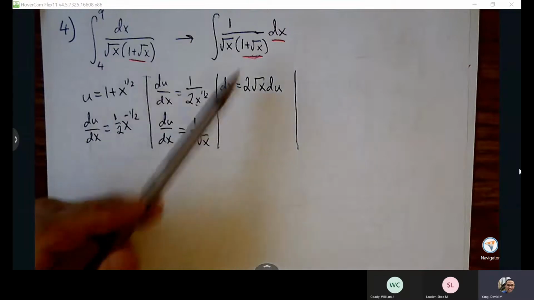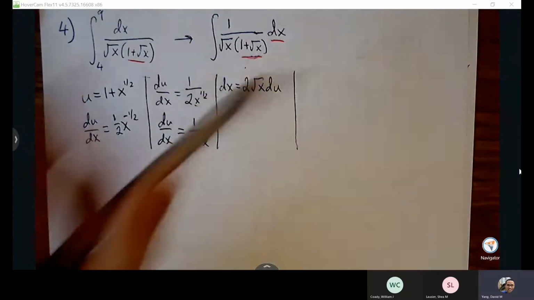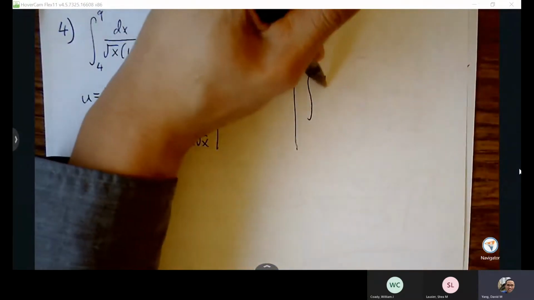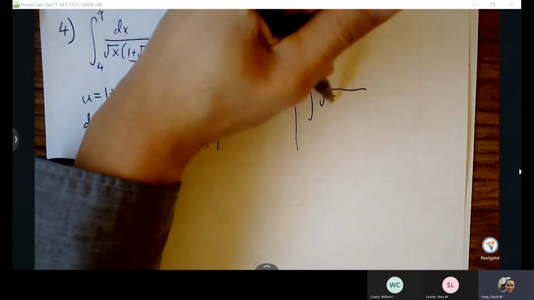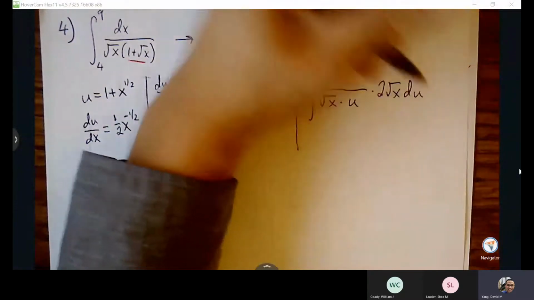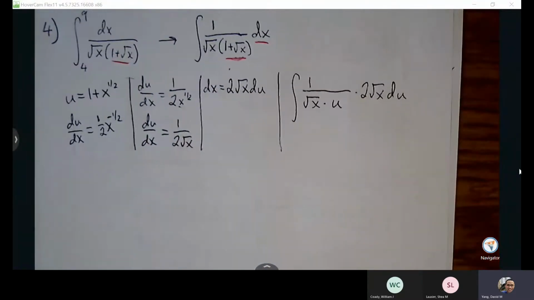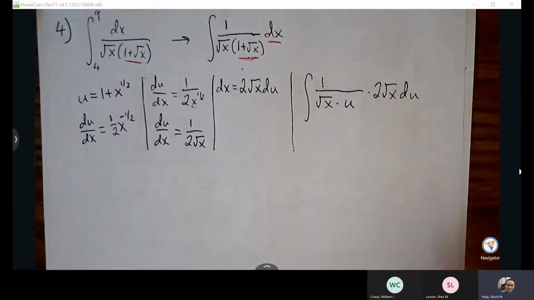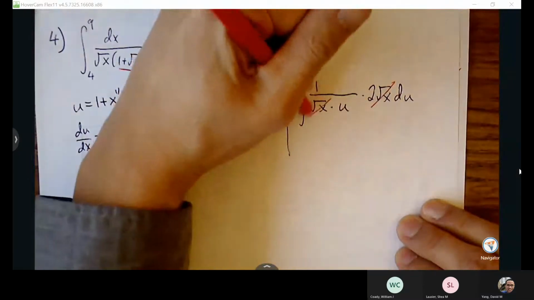All right, so we make our replacements here. I'm left with 1 over square root of x times u times 2 root x du. Root x goes away, the 2 stays.